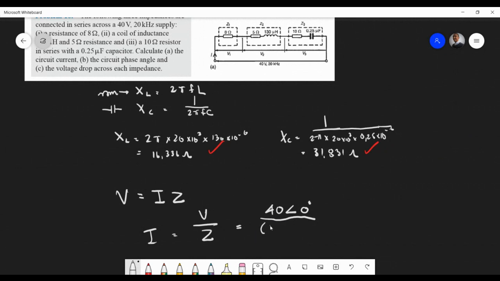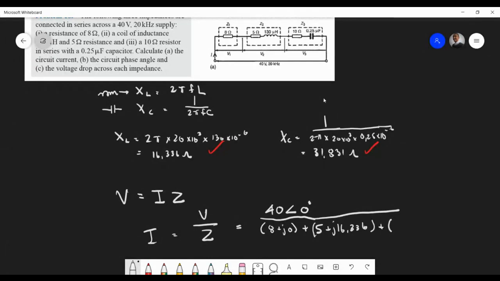So for the first resistance, it'll be 8 plus J0, plus 5 plus J. Remember, we've converted that coil into this reactance, 16.336. We can make another bracket over here.